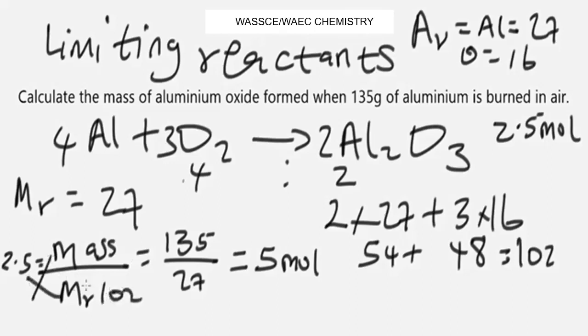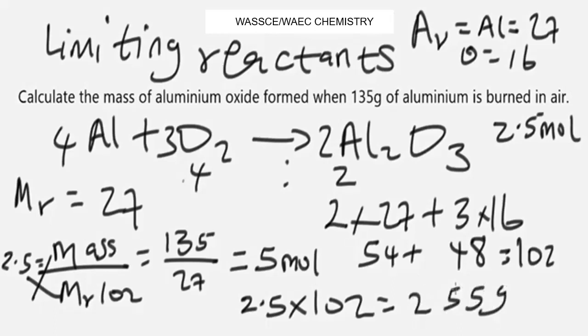So when you cross multiply, the mass of aluminium oxide will be 2.5 mole times 102. When you punch in the calculator, you're going to have 255 gram of aluminium oxide. So 255 gram of aluminium oxide will be formed when 135 gram of aluminium is burned in air. So it's as simple as that, guys.